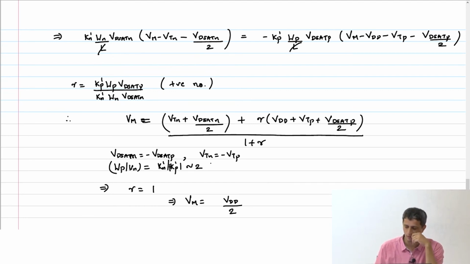Actually, that's not very obvious from this equation because there is an R on top, there is an R below and all that. So this may not be so obvious to understand. So let's see if we can first get this intuitively. Then we'll go back to that.